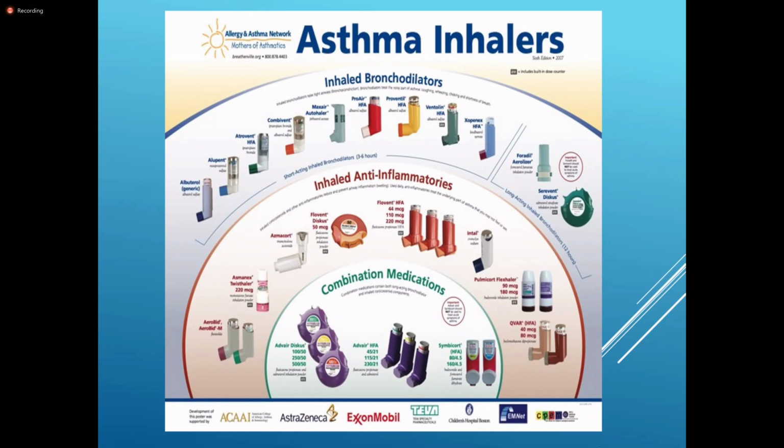So again, don't study this like, oh, she's gonna put a picture on the test. There's so many of them out there, there's no way you're gonna know all of them. But what you need to recognize is which one do I use first? Which ones are for right now, for my acute attack? And then give me some examples, like the ones down here, Advair, and the steroid medications that are more for prevention. Serevent, this is the green one, I've used that before.